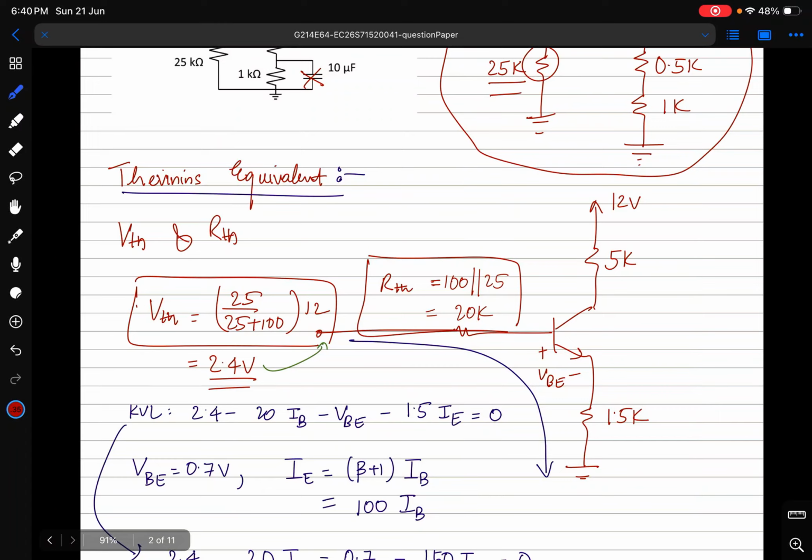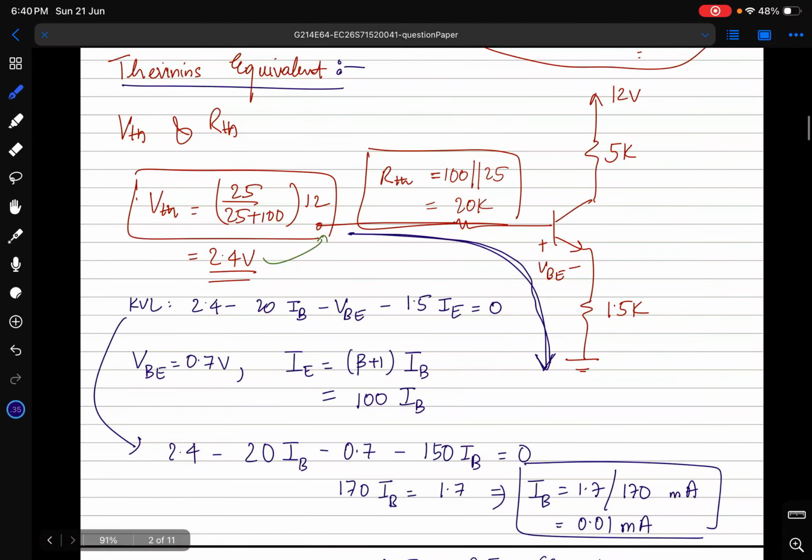Now we have to apply KVL in this base emitter loop. When we apply KVL, we get 2.4 minus 20 IB. Why IB? Because IB is the current flowing in this base branch. Minus VBE, this voltage, minus 1.5 IE. Why IE?